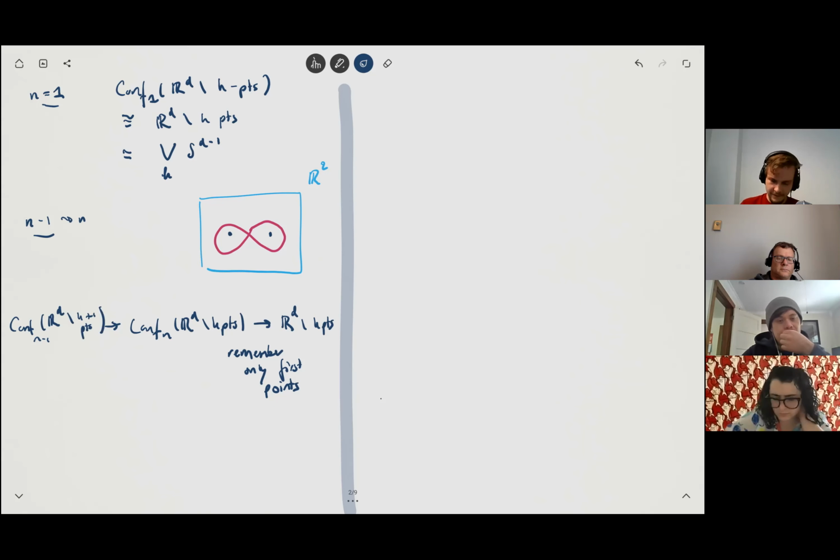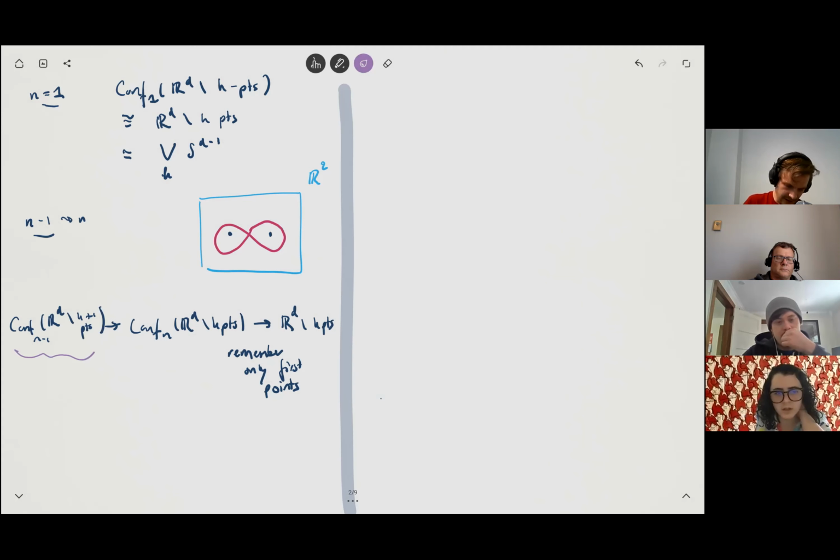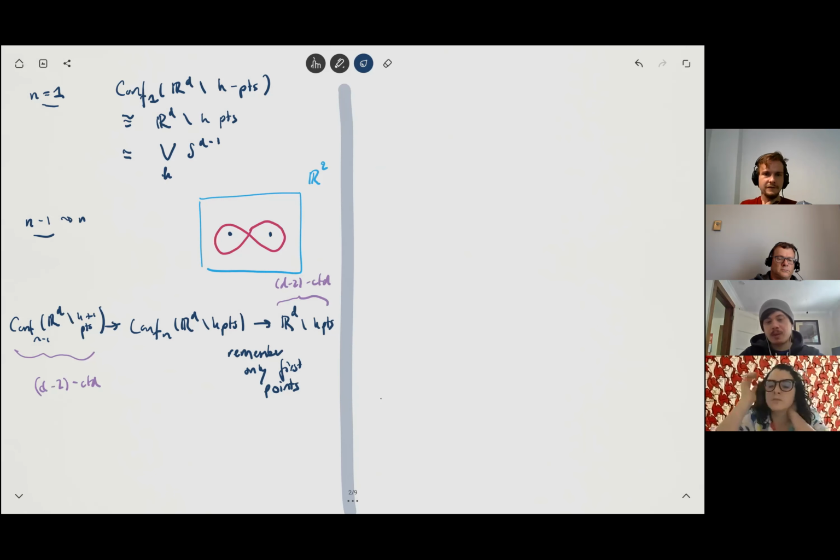And we know that this side is d minus 2 connected by induction. And we know that this side is d minus 2 connected by the previous argument. So the same has to be true for the middle term.